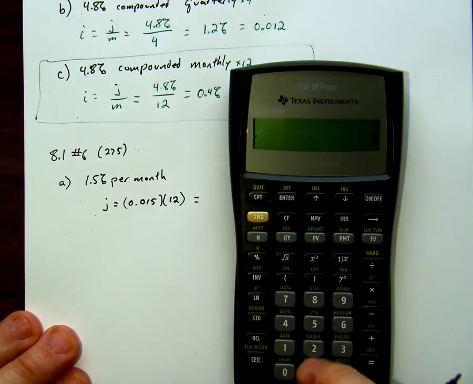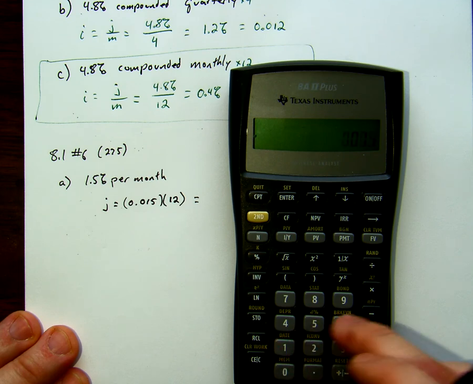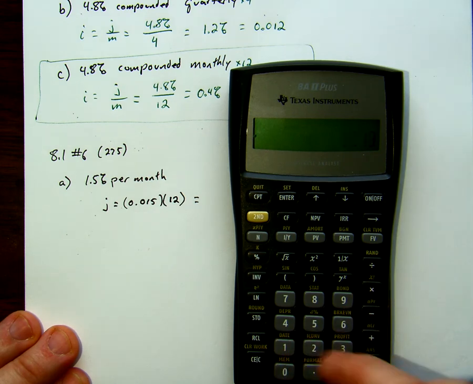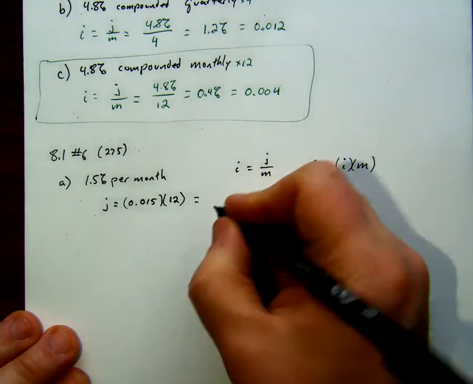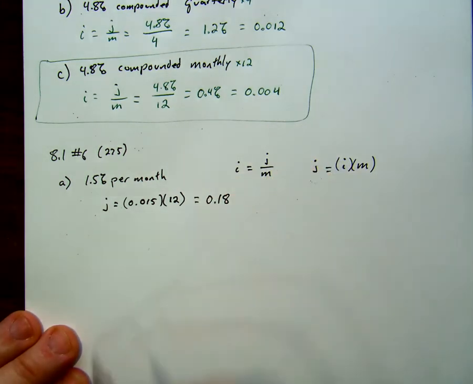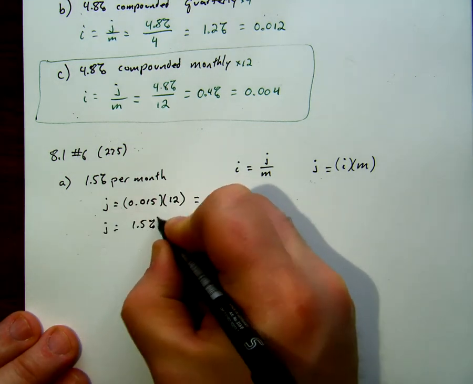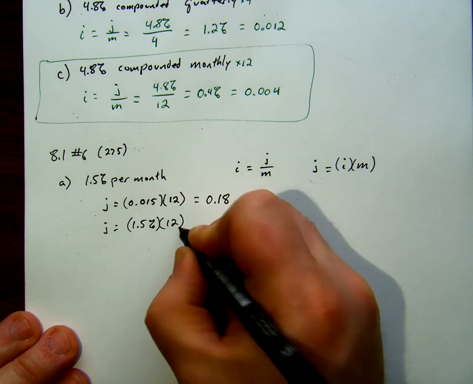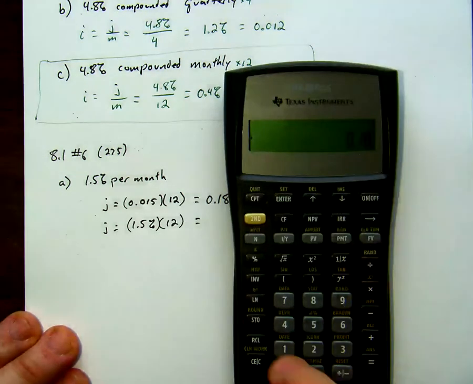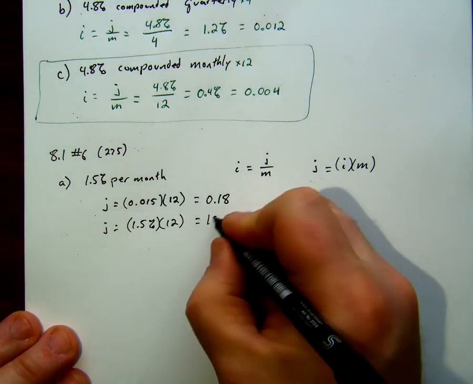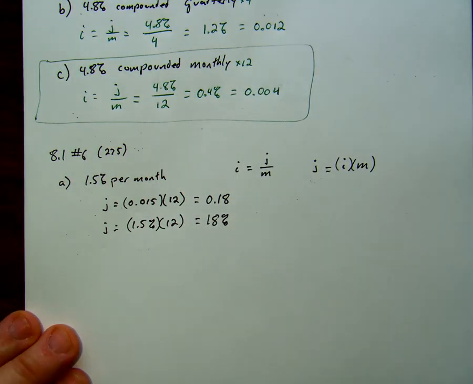On the calculator, 0.015 times 12 is 0.18, and we can also do that with a percentage. So J is equal to 1.5% times 12. Same calculation, 1.5 times 12 is 18%.